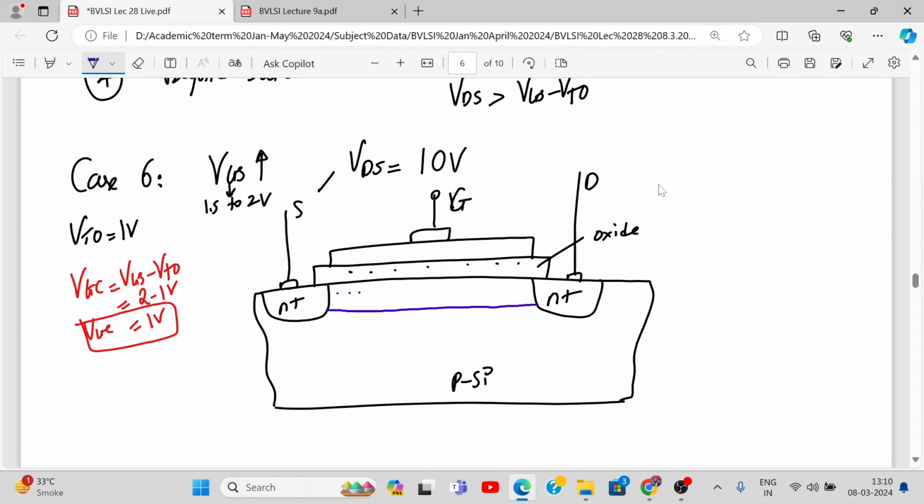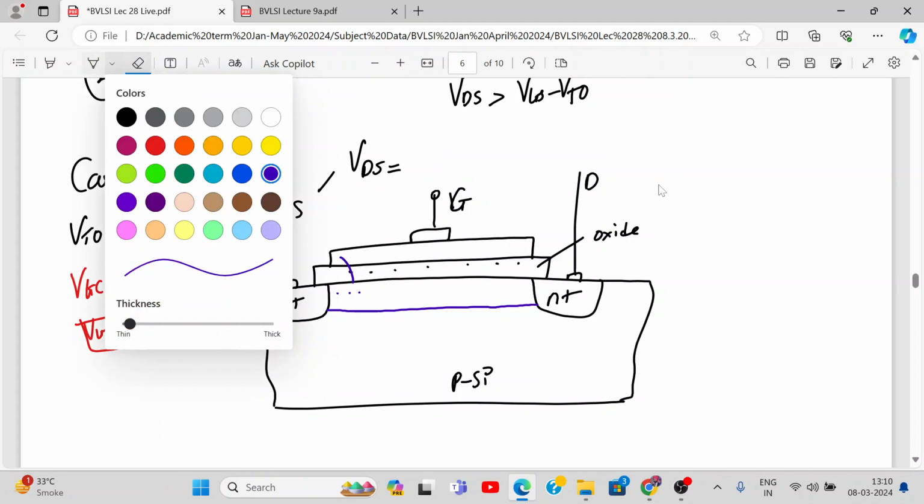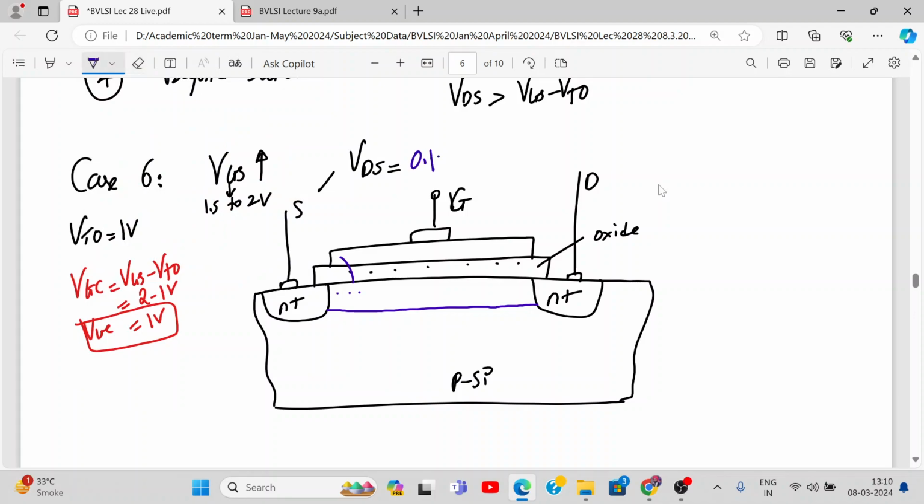So here VGC कितना होगा? चलो, let's consider the first case only, VDS 0.1 volt. यहाँ पे पॉजिटिव चार्जेस हो गए, यहाँ पे नेगेटिव चार्जेस हो गए. So VGC at the source end, how much will that be?